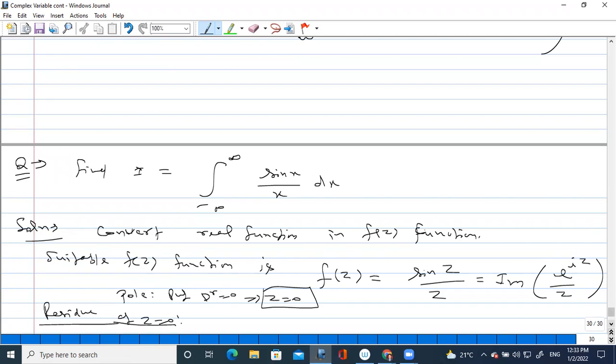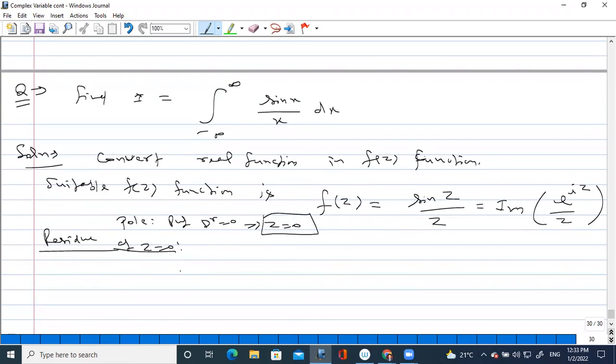We can use the direct formula: limit z tends to 0 of z into f(z). It means the imaginary part of limit z tends to 0 of z into e to the power iz divided by z. z and z cancel, put z equal to 0. So that answer will be 1 only.